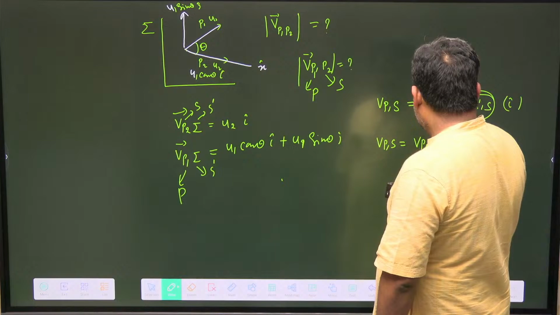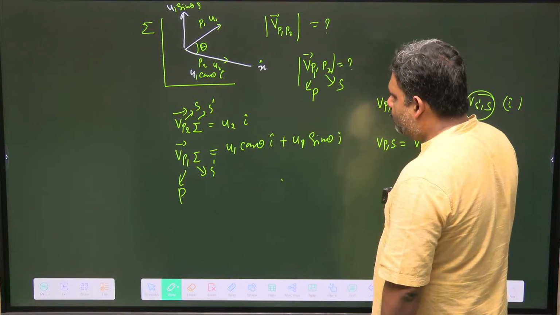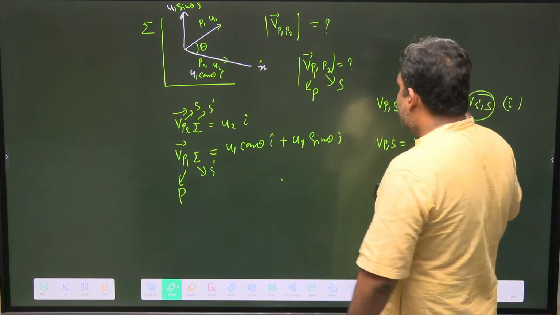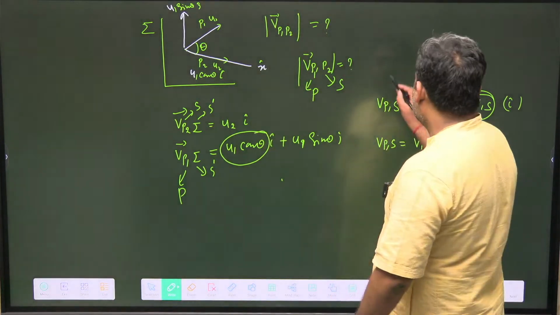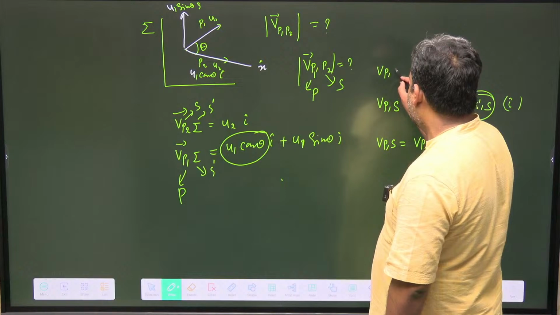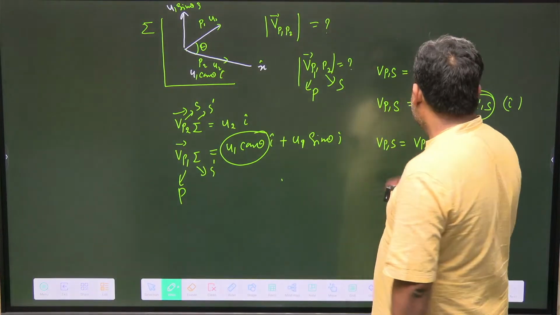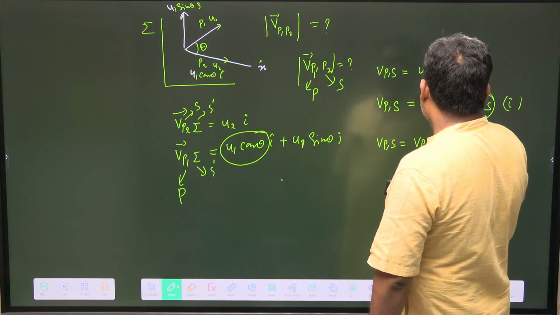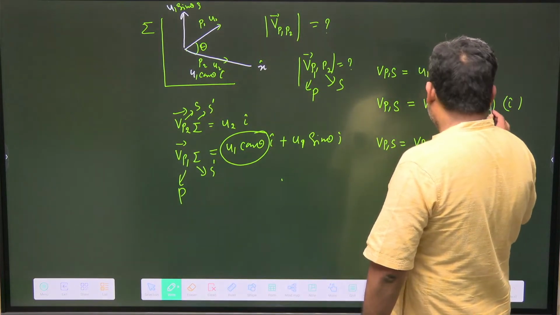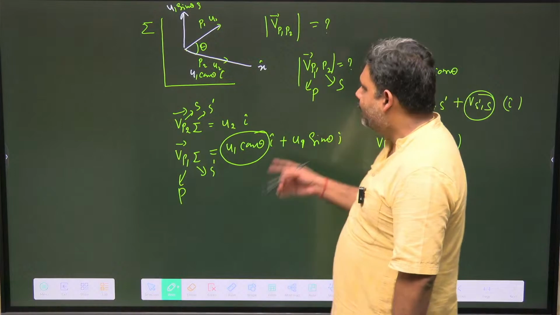So what is the velocity of the particle with respect to S dash in the i cap direction? This is the thing. The velocity of the particle with respect to S is U1 cos theta. And what is the velocity of S dash with respect to S in the i cap direction?